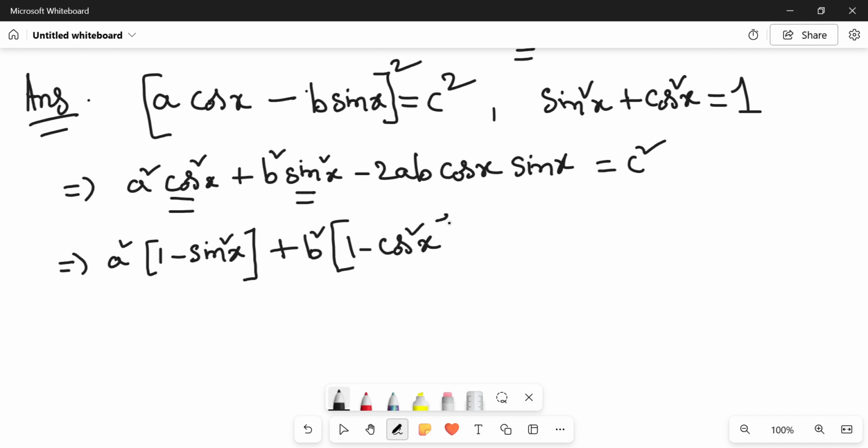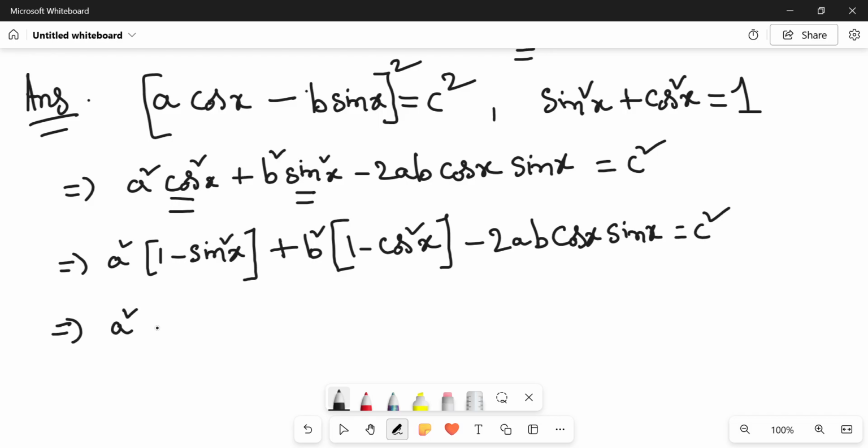That's important. And then minus 2ab cos x sin x, we'll leave it as it is. And this thing is equal to c square for you. Now let's see what happens. Here let's multiply this.